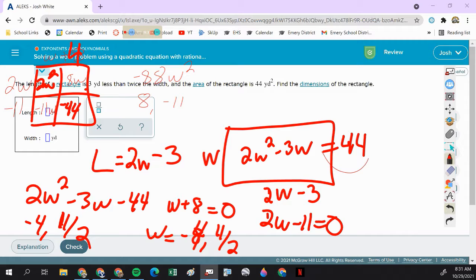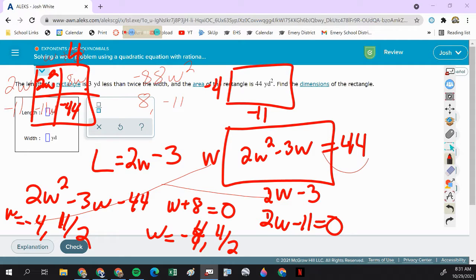What do you think about those two answers? One of them doesn't make any sense. Why not? It's negative. So the goal here is to find the dimensions of the rectangle. So if W equals -4, then I should plug it in to here and to here, and I get a rectangle whose length is -4 and then -11.